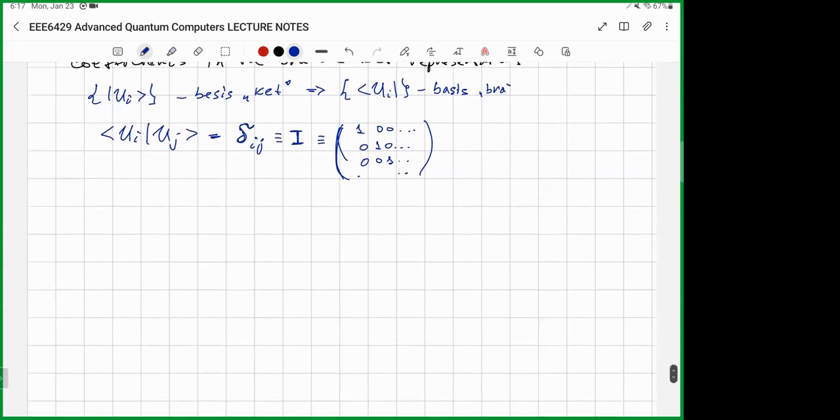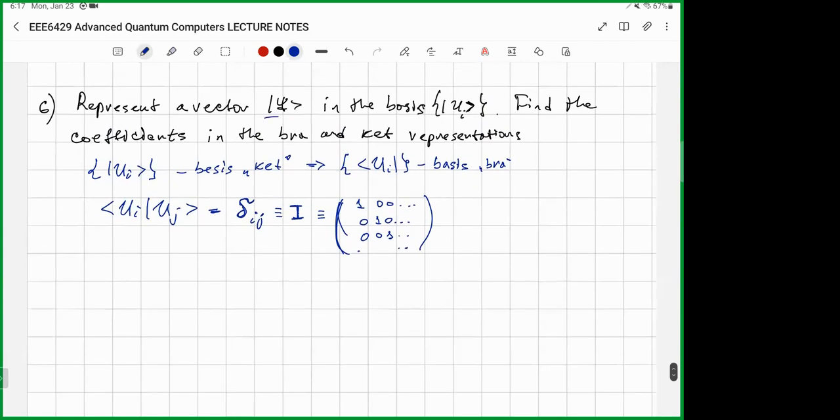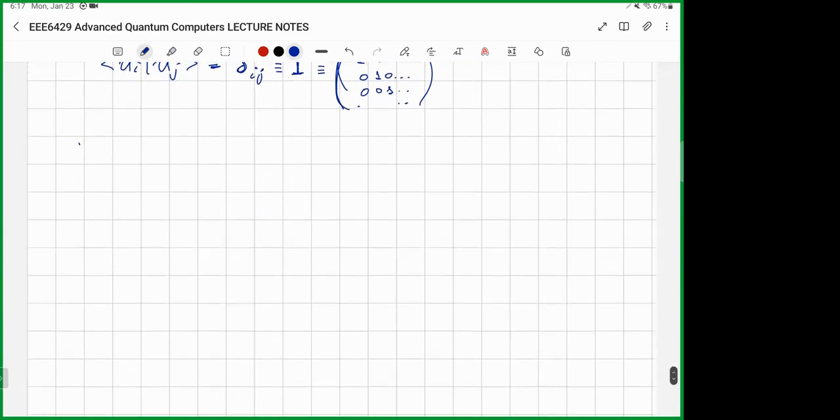So now I can represent any vector, this vector psi, in my basis the following, right? The projection of this vector on the basis vector u1 plus the projection on u2 plus the projection on u3 plus etc., all the way up to cn un.